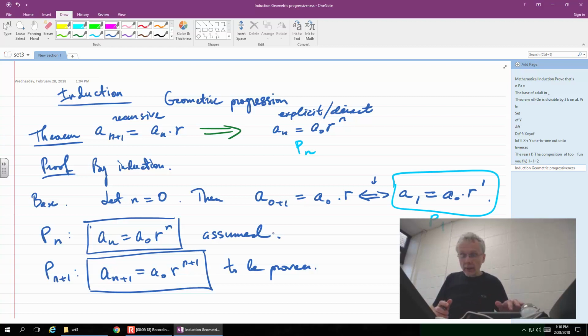How do I get from Pn to Pn plus 1? Well, the plan is the same, so you could try to take Pn plus 1 and turn it around a little bit to see if you can do anything with it, or to relate Pn and Pn plus 1, or vice versa.